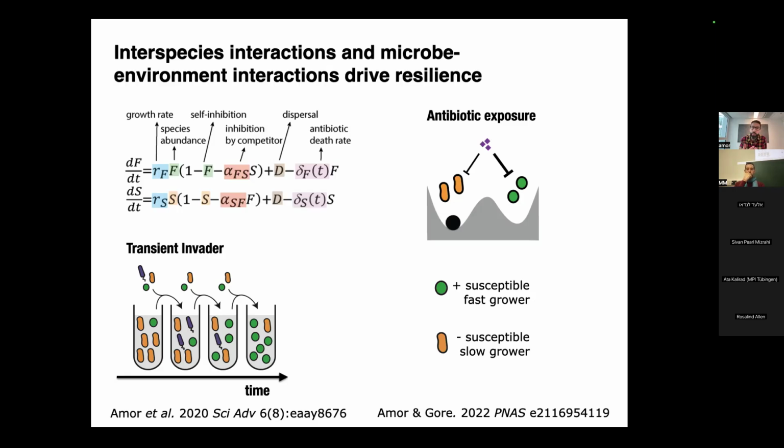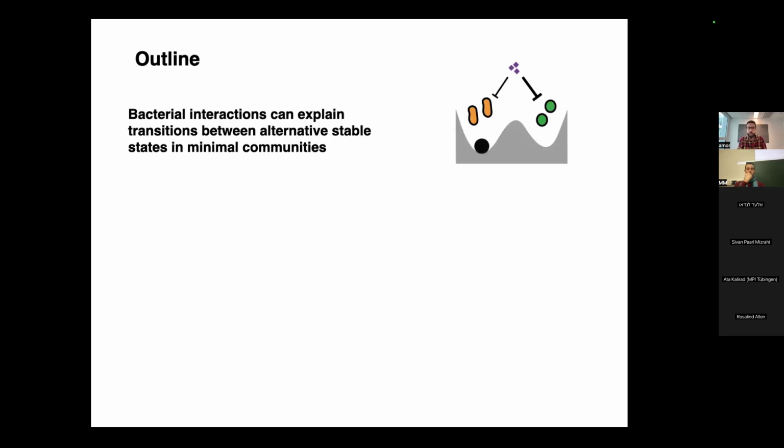And then we tried with different antibiotics and different growth rates of the species to verify that there is this actual interplay between these two variables that are important. So with this, we are in a situation in which for the simple model with two species, we can understand relatively well how a bistable community responds to different perturbations.